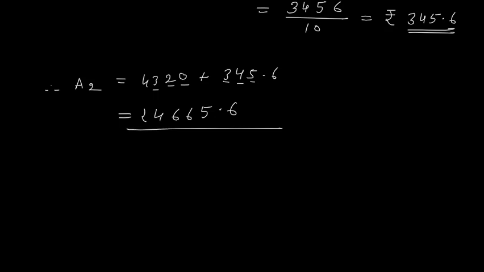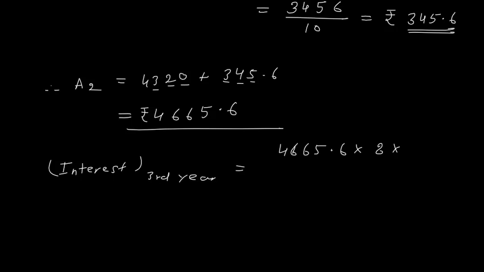So this is A2. So therefore the interest for the third year will be 4665.6 multiplied by the rate of interest 8 divided by 100.